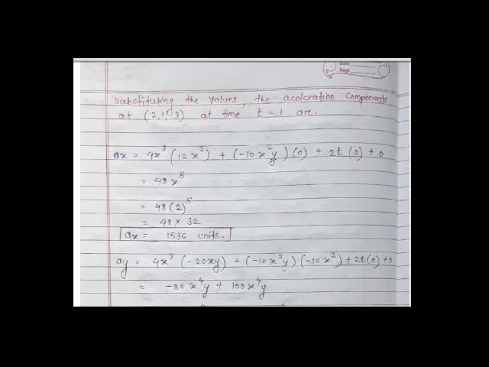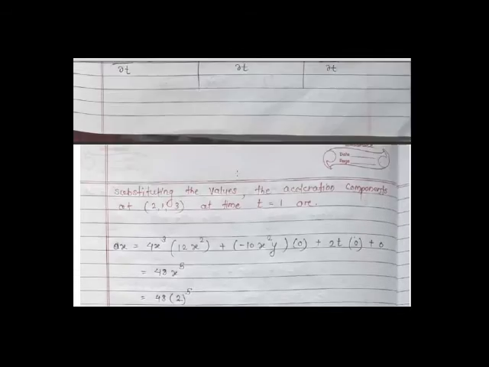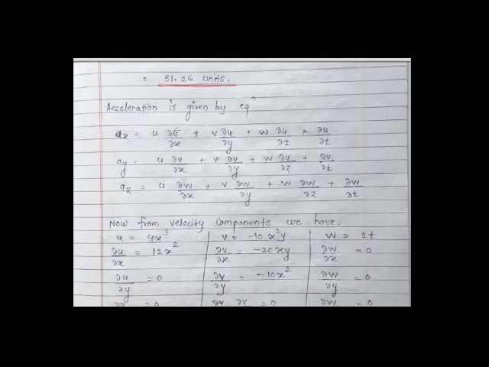Now put all these terms into the above equation. First we will calculate the value of ax in the x direction. So ax is equal to 4x cube into 12x square plus minus 10x square y into 0 plus 2t into 0 plus 0. We are putting all these values into the first equation of ax.